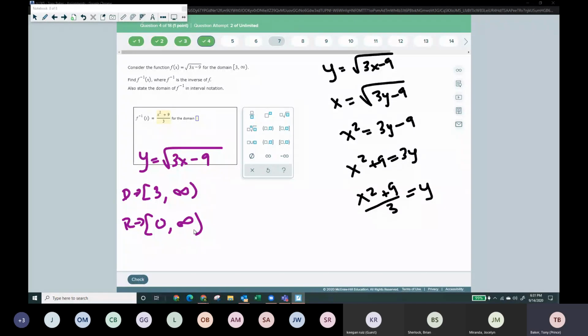So the range of my original function is 0 to infinity. So the domain of my new function is 0 to infinity. And if you were to graph this parabola, its vertex is at 0. So you're only looking at the right side of that parabola. You don't have the left side of it, which then works with the vertical line test.